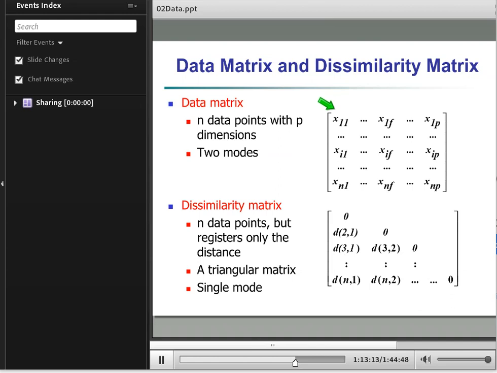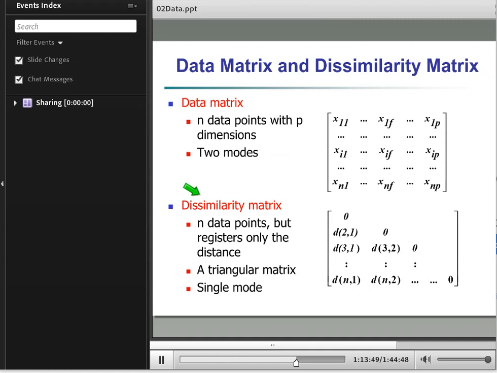And proximity is something between similarity and dissimilarity. For example, I have a data set, a data matrix like this, x11, x12, x1p, and finally xnp. This data set has n rows and p columns.